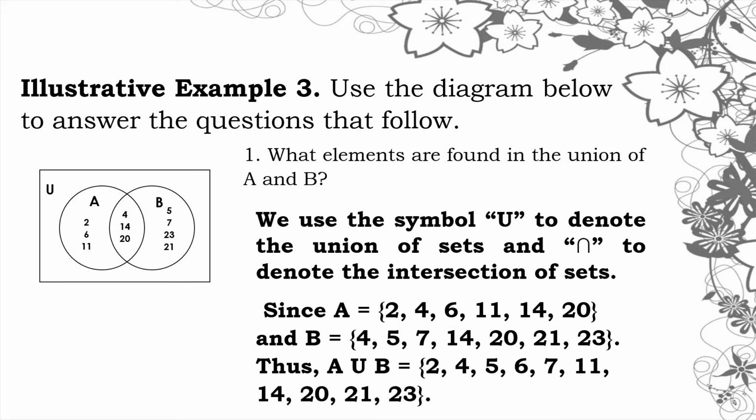Since set A is equal to 2, 4, 6, 11, 14, and 20, and set B is equal to 4, 5, 7, 14, 20, 21, and 23, thus the union of set A and set B is equal to 2, 4, 5, 6, 7, 11, 14, 20, 21, and 23.